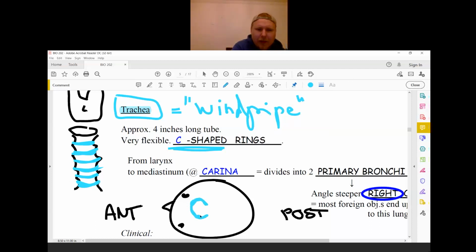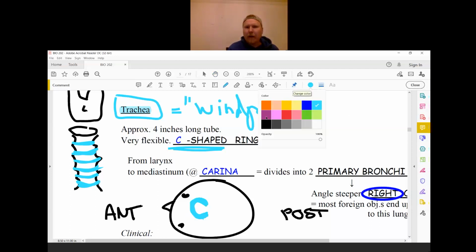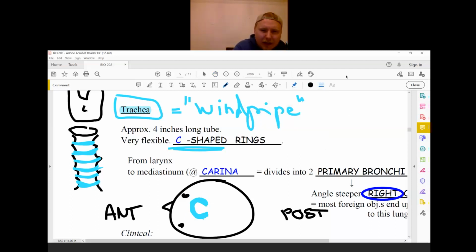You might wonder, first of all, why do we have these rings? Well, that's to make sure that the airway remains open at all times. So even if you would go unconscious, the muscles would relax in this area, the airway would still remain open. So that's the important function of these tracheal cartilage rings.